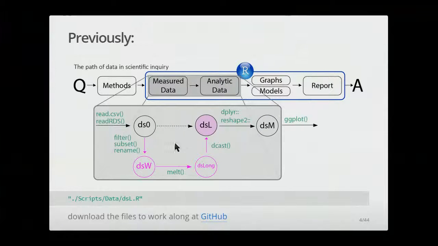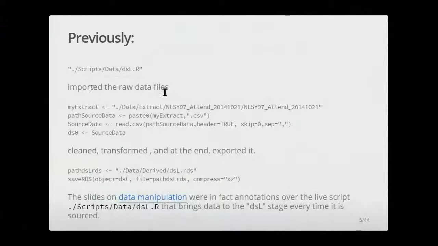The previous lecture was, in fact, an annotation to this script that took the raw files from the NLSY97 study, extracted the content of the downloaded file, read a CSV file into the R environment, cleaned, transformed, and then at the end exported it as an RDS object, which is a native data format to R. It saves factor labels, unlike CSV, which does not.